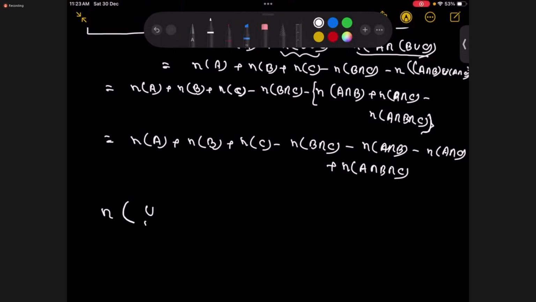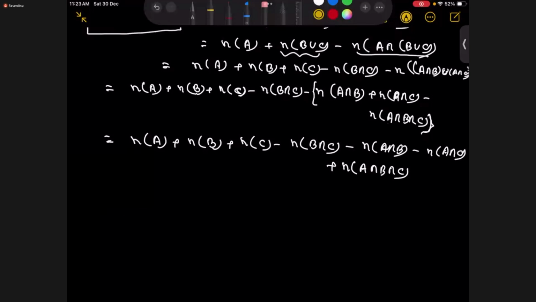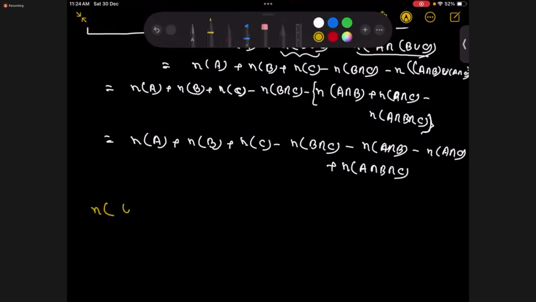Union of i runs from 1 to n of A_i. Then the cardinality of the union of A_i as i runs from 1 to n.